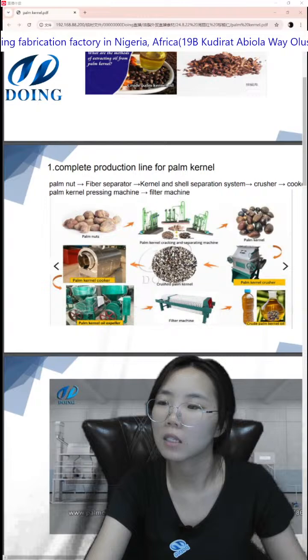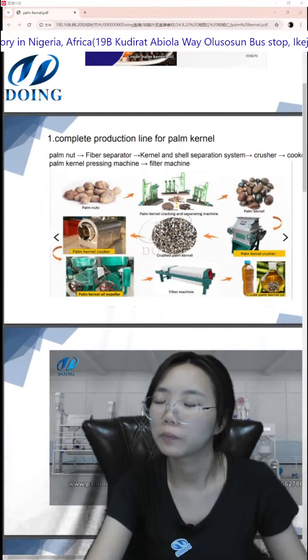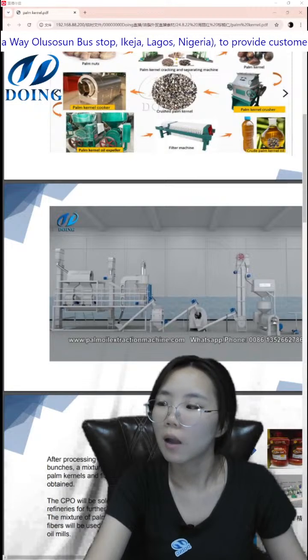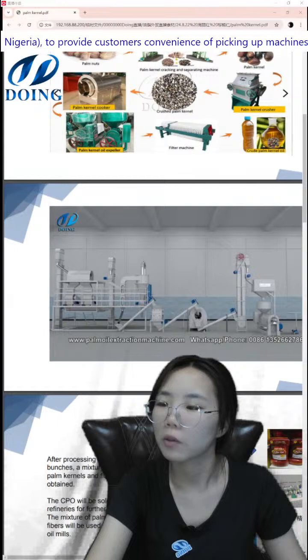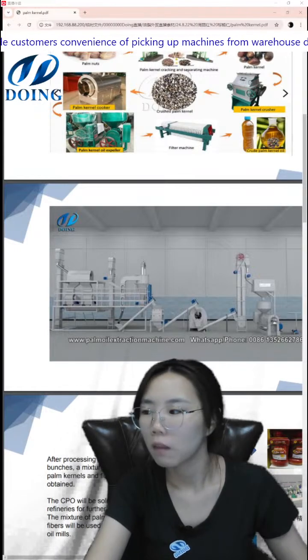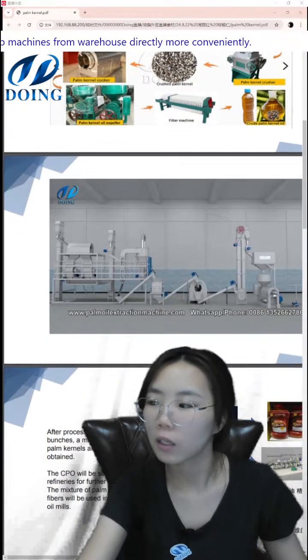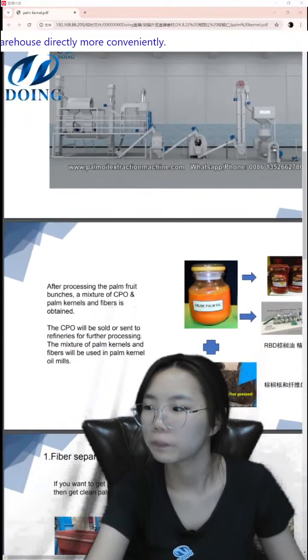And we can see these photos. This is a complete production line for palm kernel. So in this part we can get the clean crude palm kernel oil.